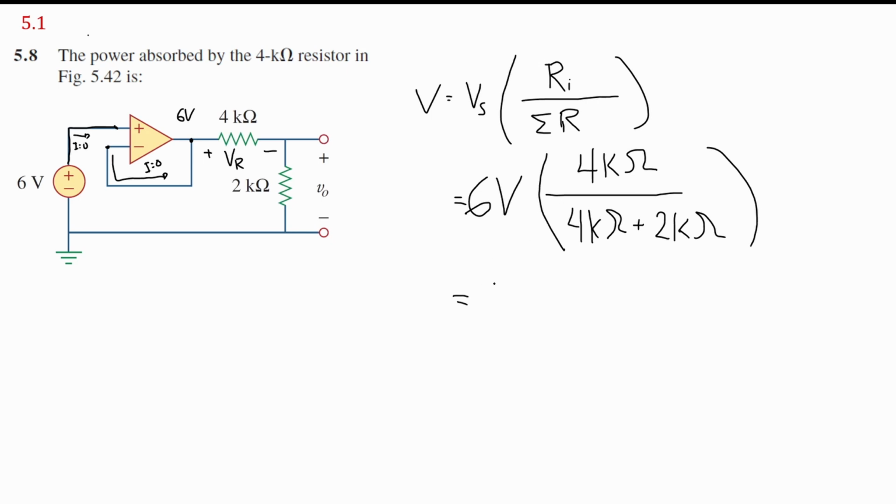Equals, that will be 6 volts times 2/3, diba? That will be 4/6, which is equal to 2/3, diba? 2/3. Yan. And then, divide natin both sides. So, that will be equals to 4 volts. So, we know now na there is a 4 volt across this resistor.